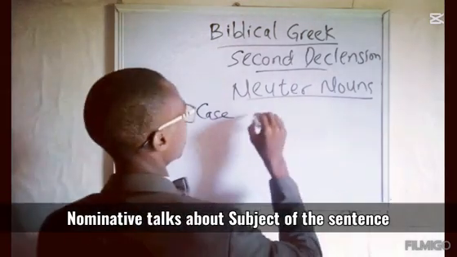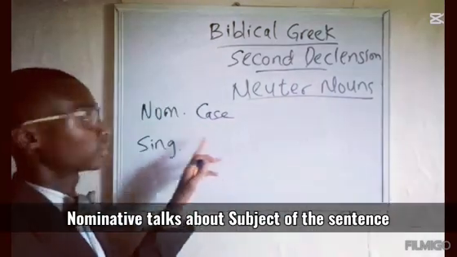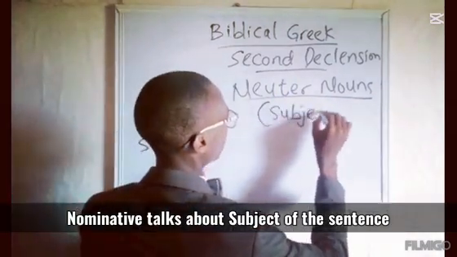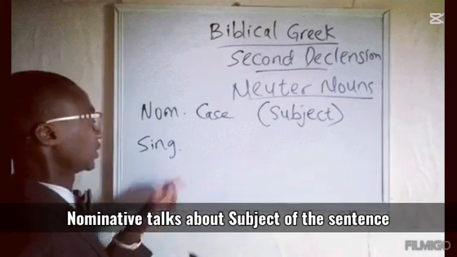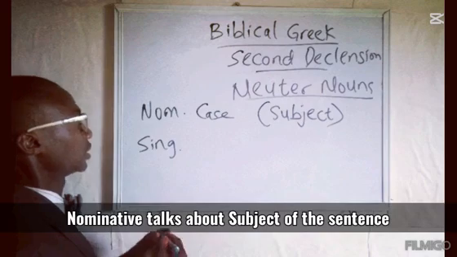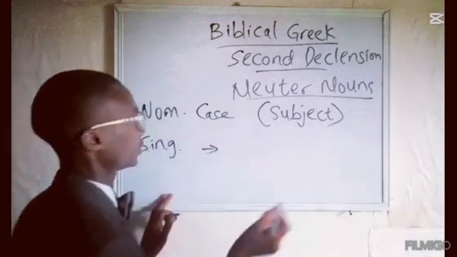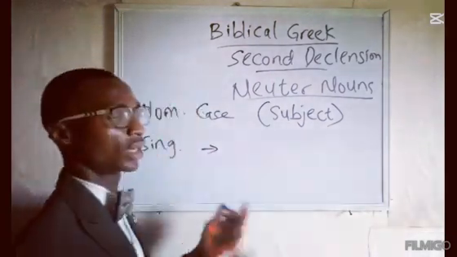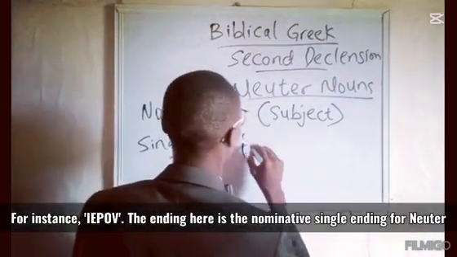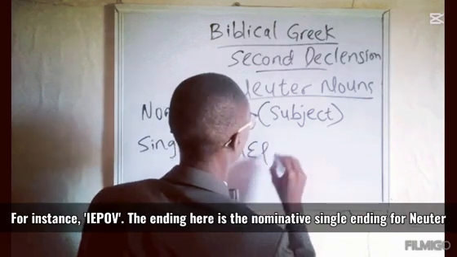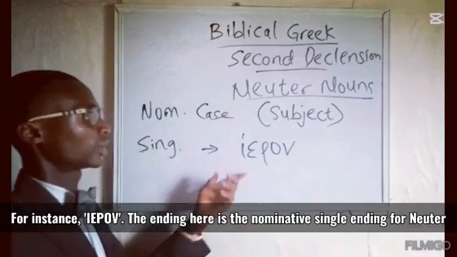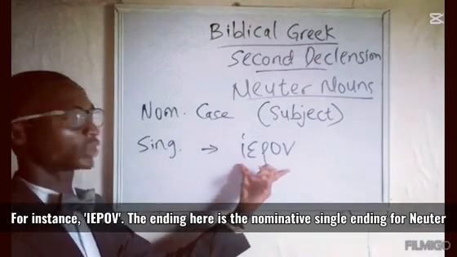Nominative talks about the subject of the sentence. Let's use a word like hieron.